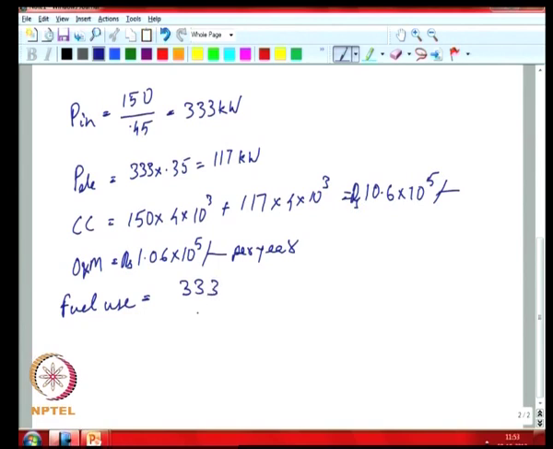333 kilowatt is the energy in the fuel that is used on a per second basis.